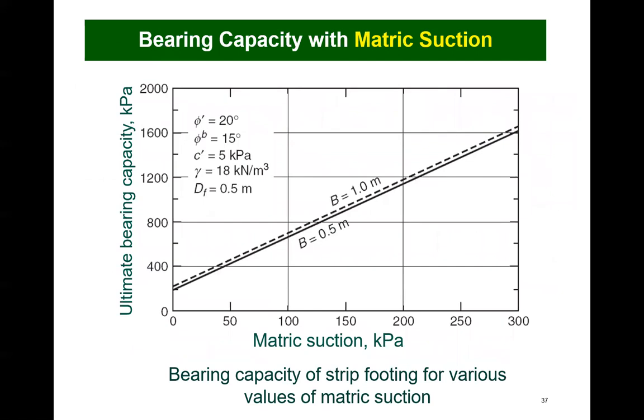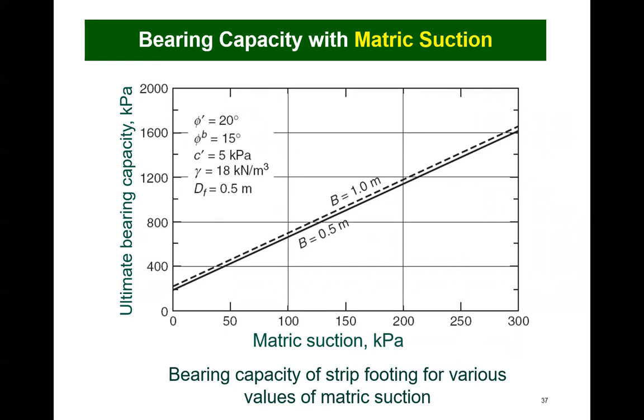The ultimate bearing capacity of a soil increases linearly with respect to matrix suction in the field. For the assumed soil properties listed in this graph, along with 0 matrix suction, the bearing capacity is 200 kilopascals. If the soil had a matrix suction of 100 kilopascals, the bearing capacity increases to about 700 kilopascals.